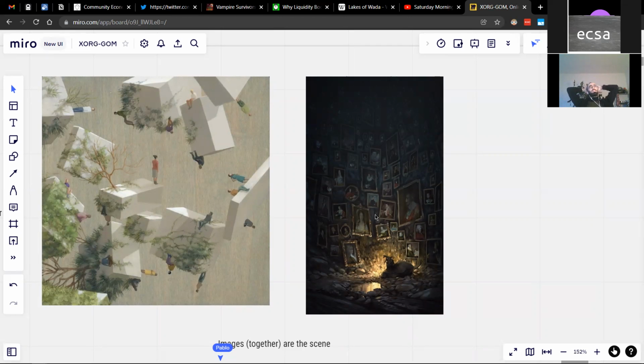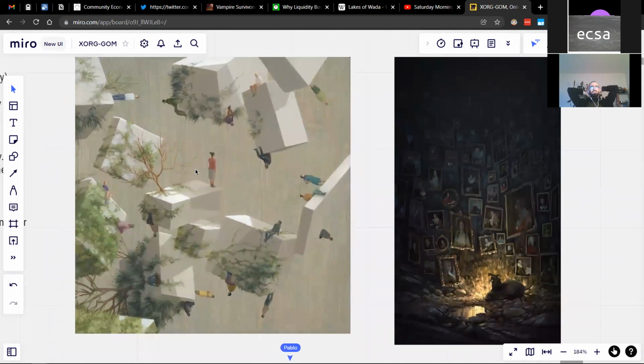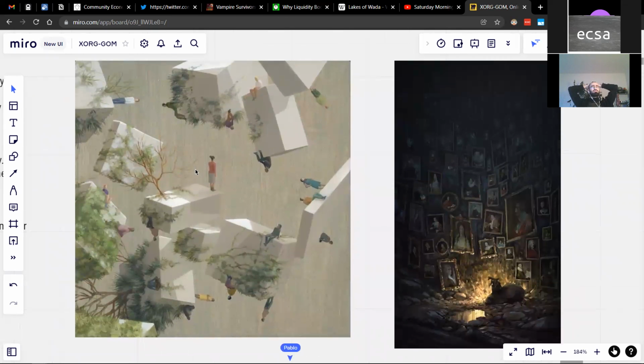The left one, the one on the left. For me, one of the ideas was distributed laboratory, and it has this sense of being distributed.